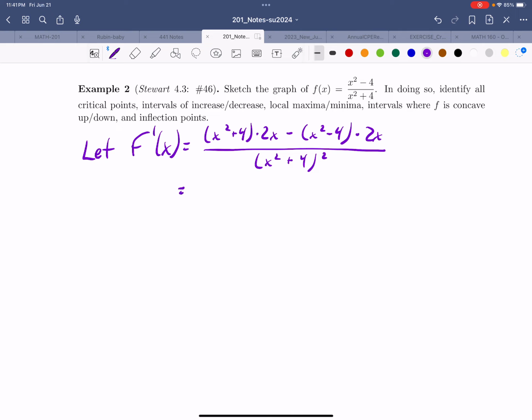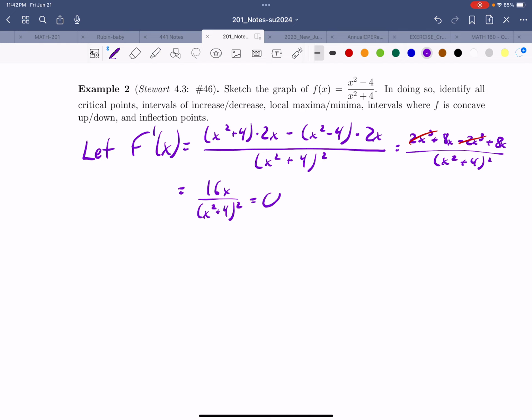It's going to wind up being, let's see, the 2x, I'm just going to sneak an extra line, right? It's going to be 2x cubed plus 8x minus 2x cubed plus 8x all over this nonsense. Right, so notice that cancel, cancel, cancel, and we wind up getting 16x over (x squared plus 4) squared, right?